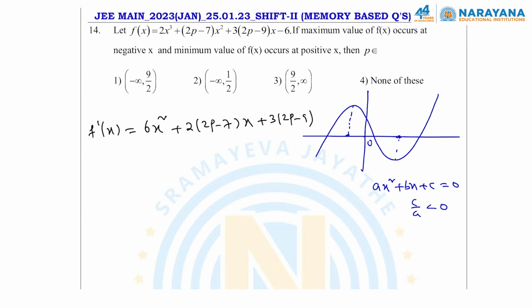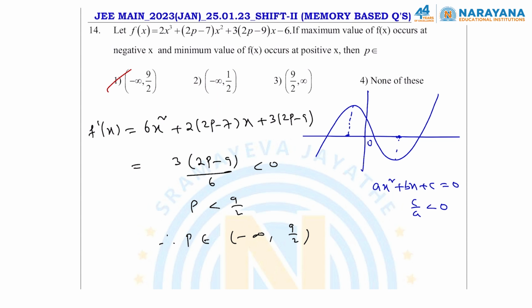So here what is c by a? c by a is nothing but 3 times (2p minus 9) by 6. This should be less than 0, which means p is less than 9 by 2. So therefore p belongs to minus infinity to 9 by 2.